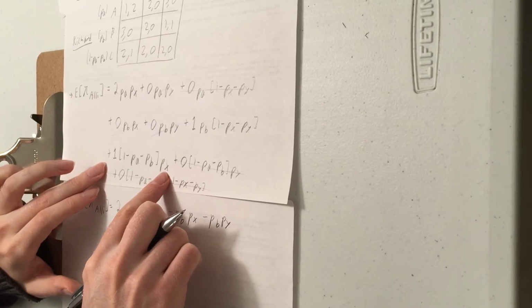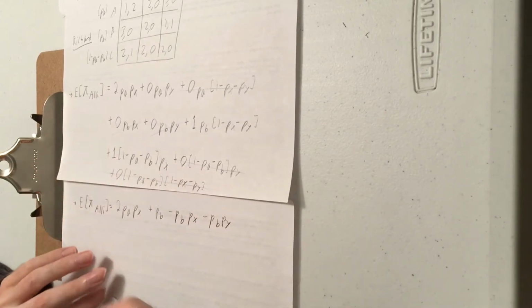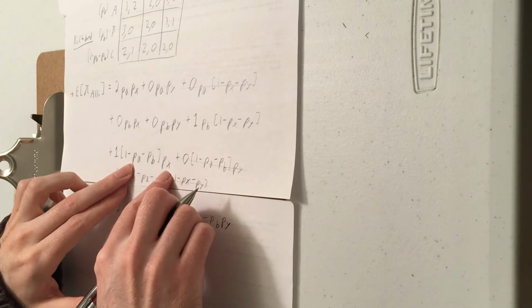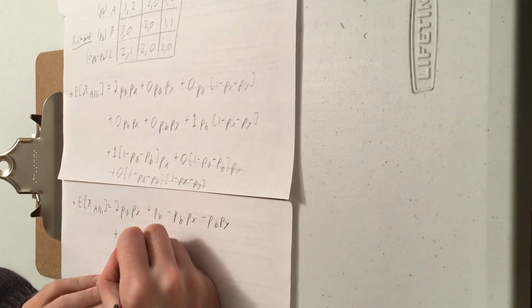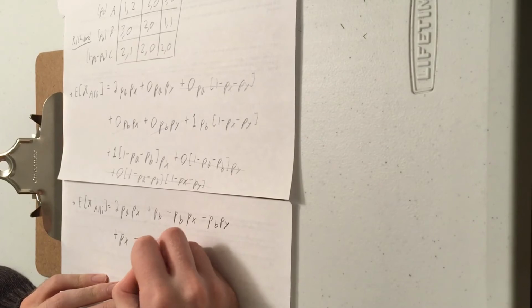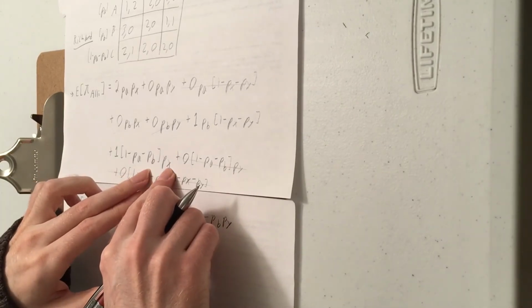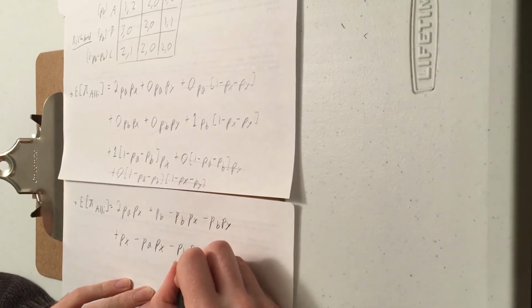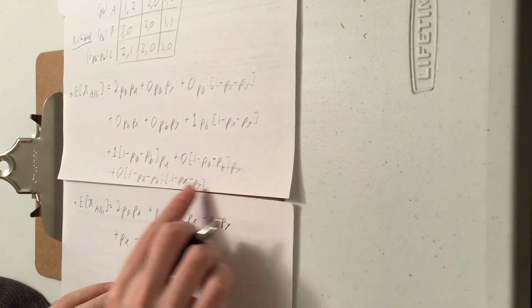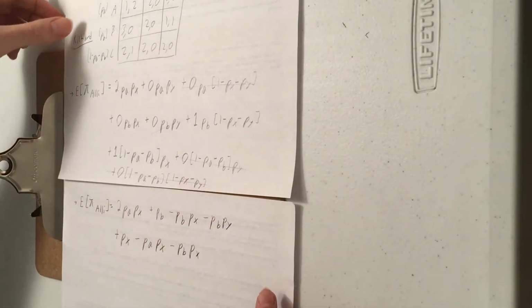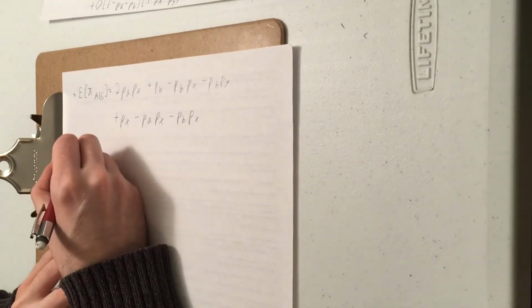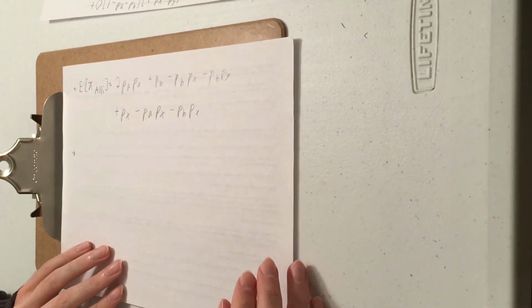This term does not go away, so I have a 1 times a PX, so that's PX, minus PA times PX, so minus PA PX, minus PB times PX, so minus PB PX, and the rest of the stuff is all zeros, so that went away. Alright, so I found Allie's expected payoff.